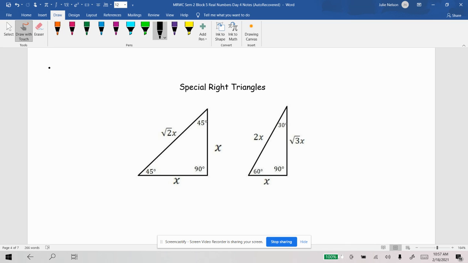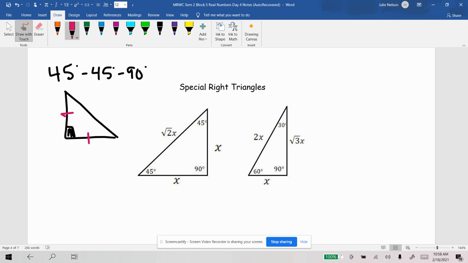So if I just take a look at a 45, 45, 90 degree right triangle, this is an isosceles right triangle, meaning that two sides are equal and two angles are equal, or actually congruent, okay?